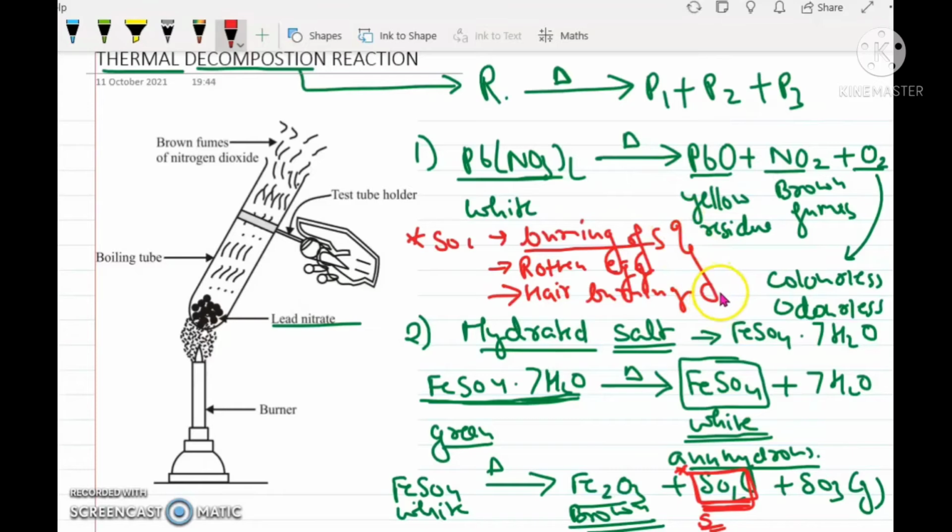All these hints will be directing you towards the evolution of sulfur dioxide gas.